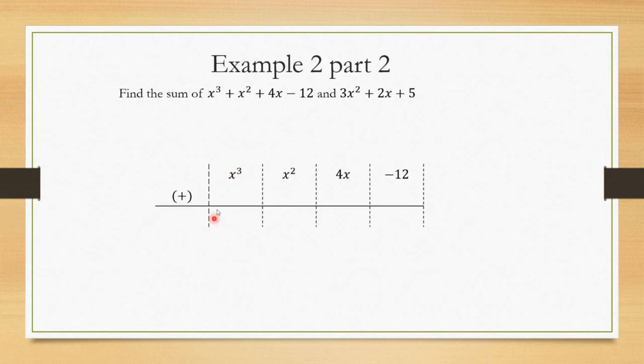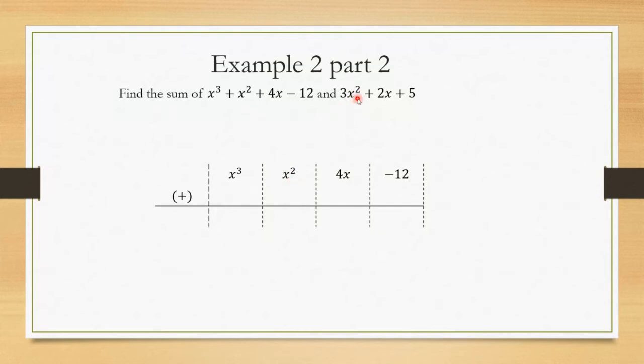Each term gets its own column. Now for the second polynomial, like terms can only go in the same column, right?